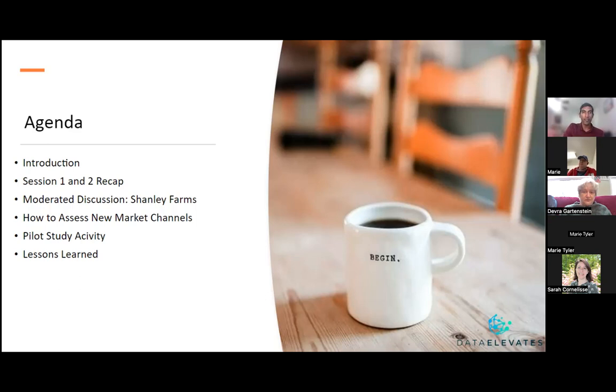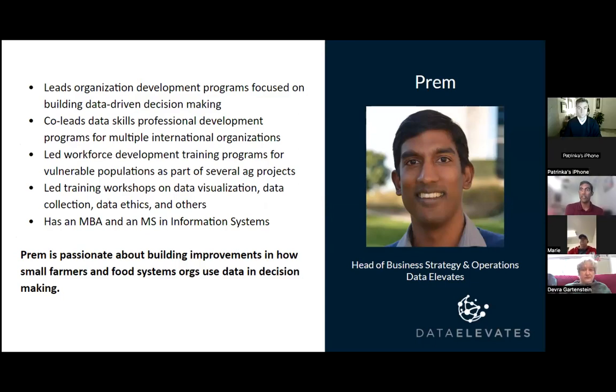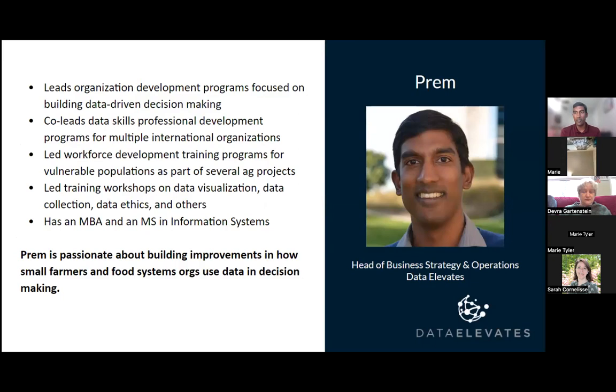I'll go through this very fast, because many of you have seen it before. My name is Prem Raj. I'm head of business strategy and operations at Data Elevates. Data Elevates is an organization that focuses on building the capacity of entrepreneurs, underserved communities, and social impact organizations to use data for good.